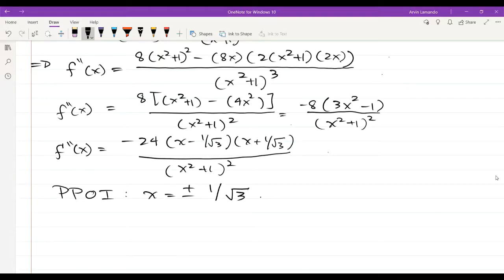From this we can construct the table of signs of f double prime. So we construct it like so.